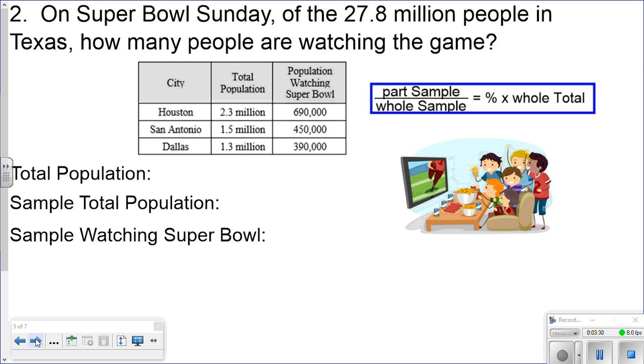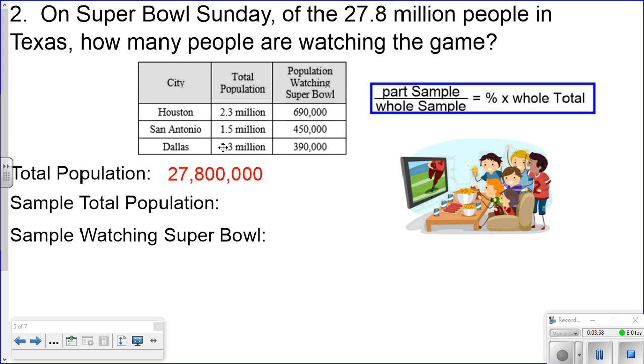On Super Bowl Sunday, of the 27.8 million people in Texas, how many people are watching the game? Well, to find that out, we have a random sample of people in Houston, San Antonio, and Dallas. This is the population of those 3 cities, and this is how many people are watching the game. So the total population in Texas is 27,800,000.